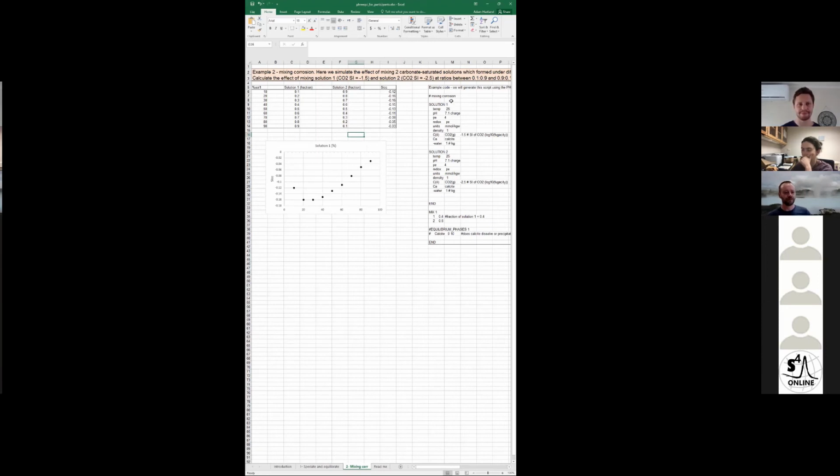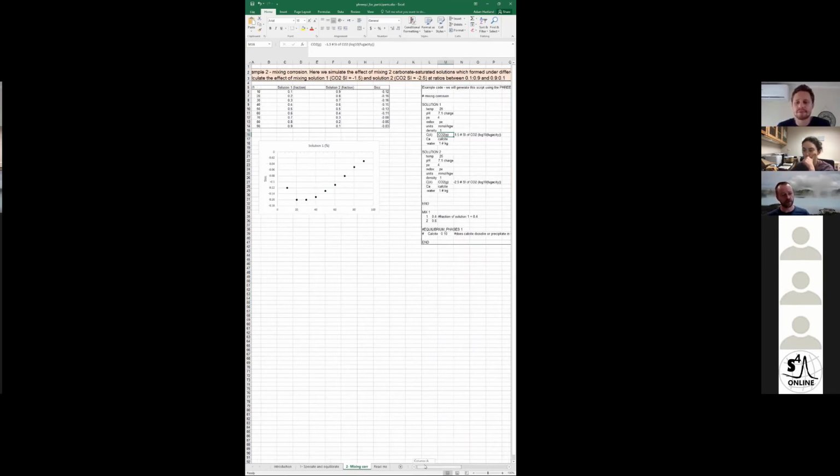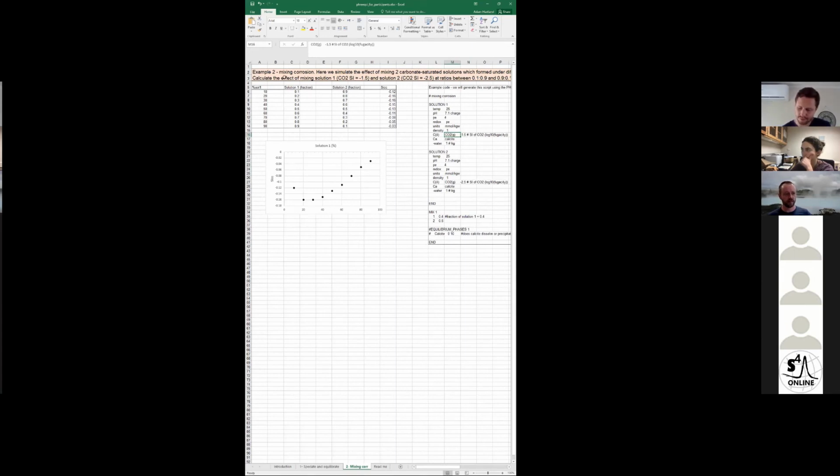So what we're going to do is have a crack at doing that. I'm going to stop sharing this spreadsheet, and I'll step across to PHREEQC. But this is the page of the spreadsheet which I'm working with. Okay.